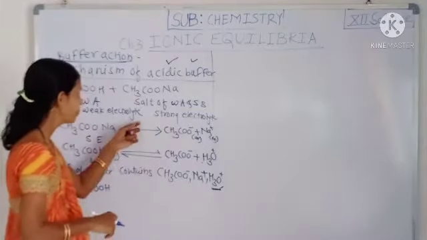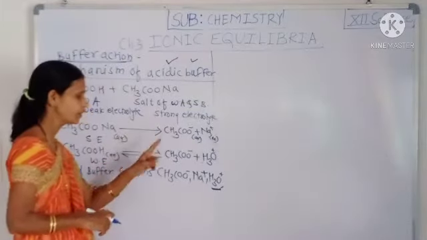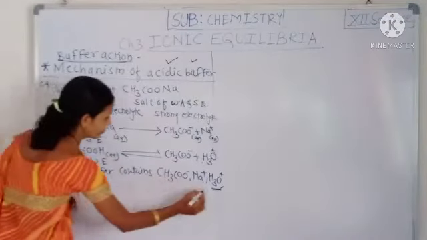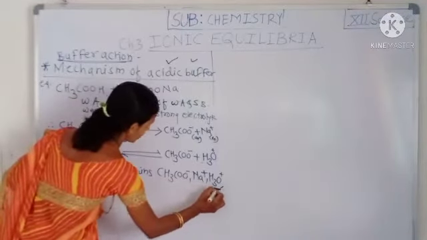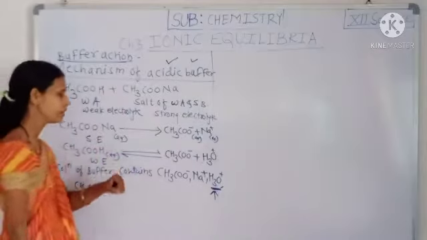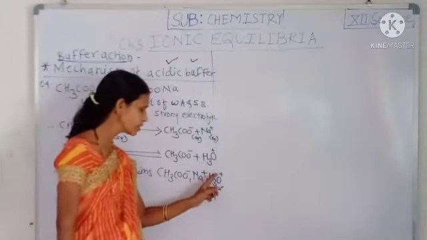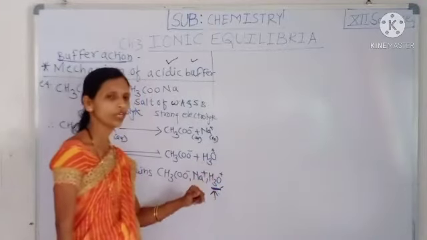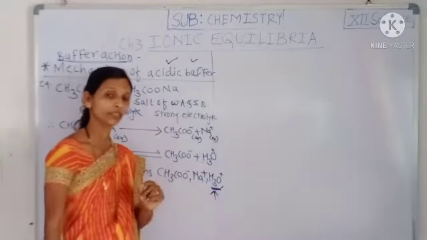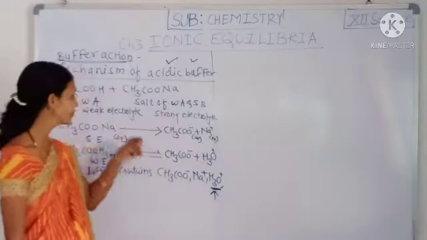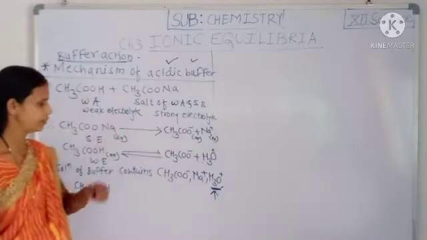Here the pH of the buffer depends upon the concentration of H3O plus present. A fixed molar concentration of hydronium ion determines the pH of that acidic buffer.